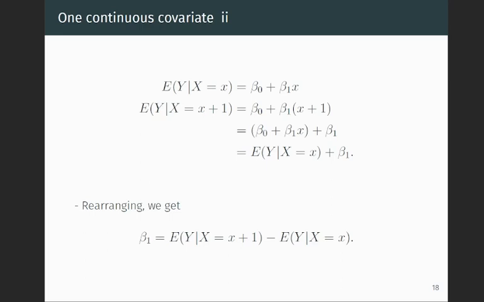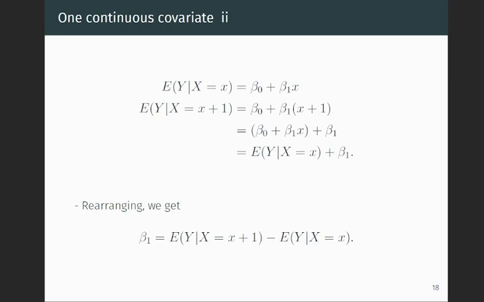And then at little x plus 1, we get beta 0 plus beta 1 times the quantity x plus 1. Now we can multiply through, and we get beta 0 plus beta 1 x plus beta 1. But beta 0 plus beta 1 x is what we got when we plugged in little x. So we can replace this by the expected value.